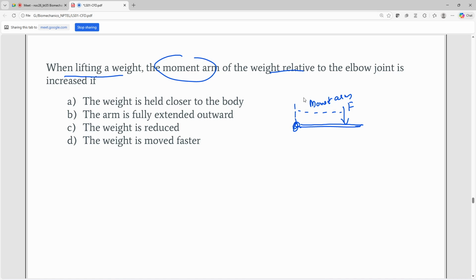Considering the shoulder, the moment arm will increase when the arm is fully extended outwards. So that is option B. If the weight is held closer to the body, then the moment arm will decrease. So our answer is option B.